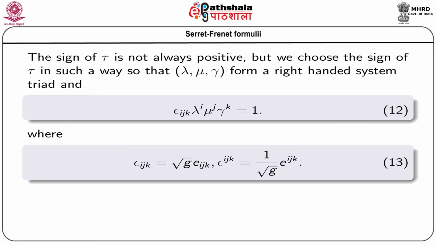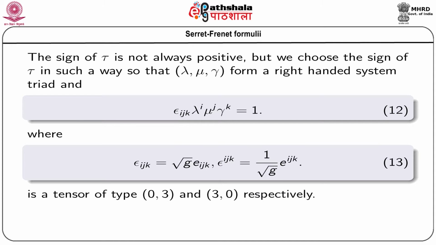where this ε_ijk and ε^ijk are the permutation tensors defined in the following way. It is defined in equation 18 that ε_ijk equals root g e_ijk, that is the E system, and ε^ijk equals 1 by root g e^ijk, and they are considered as tensors of type (0,3) and (3,0) respectively.